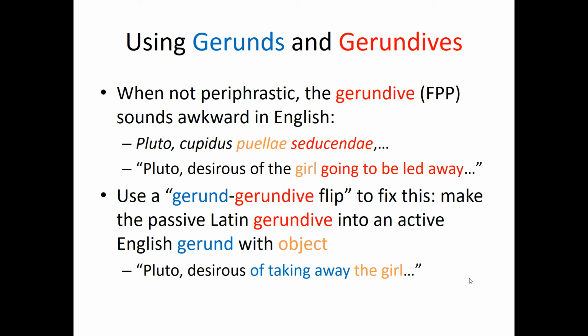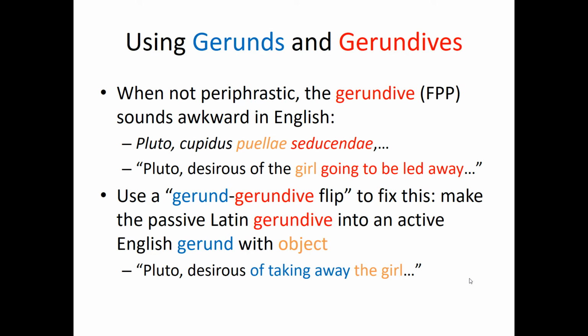And that is, you're going to take a gerundive in Latin and change it into an English gerund, because the English gerund sounds better than using the English gerundive expression, which can be very clunky. The Romans preferred to use the gerundive, so they often will write using gerundives. But in English, we would prefer the gerund.